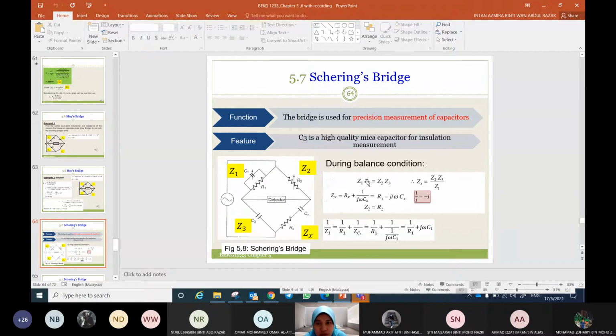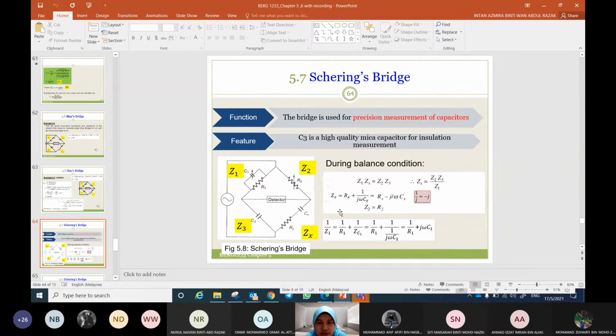How to start? We start by writing the balance equation: Z1 Zx is equal to Z2 Z3, and then we take out Zx. Zx is equal to Z2 Z3 over Z1. What's next?